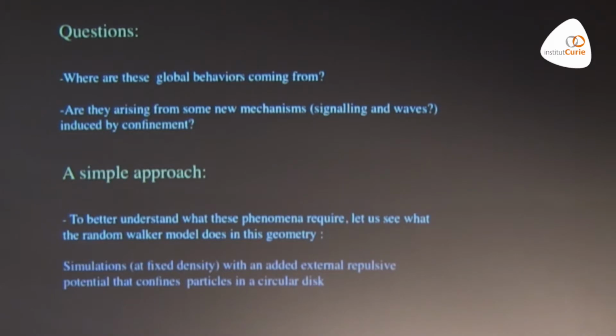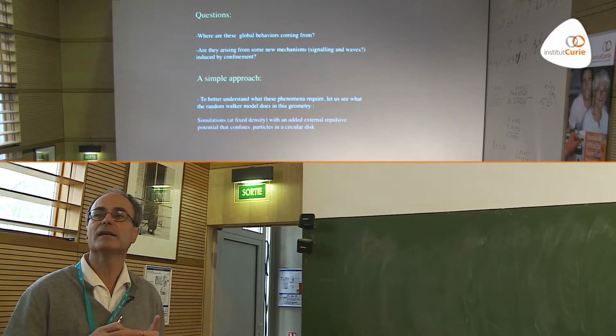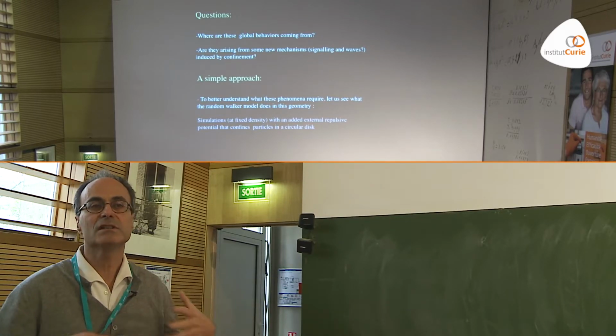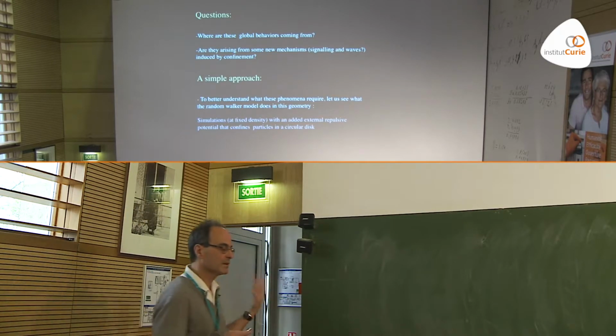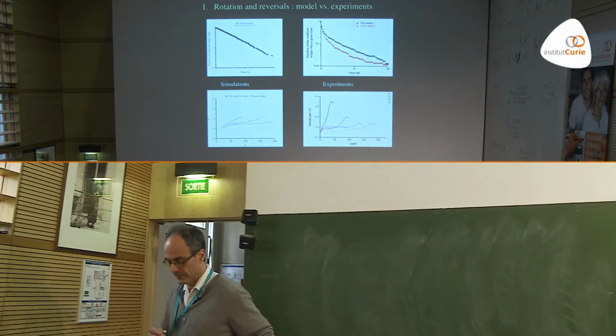The way we chose to look at it is this: we have this model that has been fit to the motion of these cells, so it's quite easy to put this model in this particular geometry by putting an external repulsive potential. So we just took this persistent Brownian walker and confined them to a disk. Okay? So we can see at least what is emerging from the basic interplay between persistence and noise. Okay, so that's what we did.